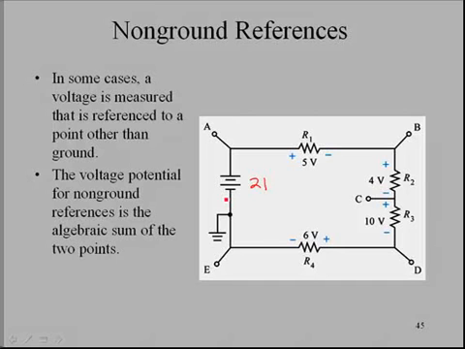But sometimes you want to measure a voltage with reference to a point other than ground. So sometimes you might see something like this, VAB. And so in this case, you would be looking, for example, at the voltage between point A and point B. And in this case, you would measure 5 volts.